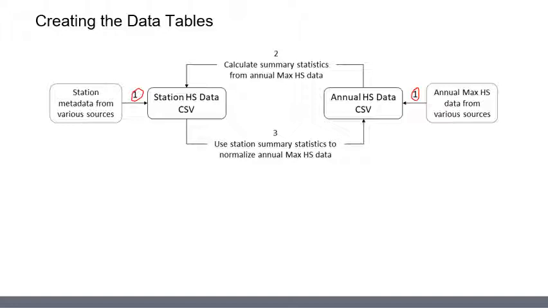The second part, once we have all the annual data in a table, we calculate summary statistics as number 2 and populate the rest of the HS station data. Once the HS station data is populated, we use those values to normalize the annual values in the annual table. So we'll cover the rest of how this works in subsequent slides.